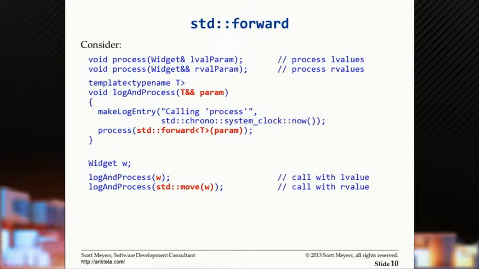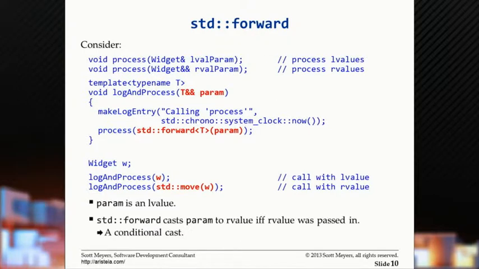That's why it's a conditional cast. It casts it from the L value that param is into an R value if and only if the argument that was passed into the function originally was an R value. So as I said, param is an L value, and therefore forward casts param only if an R value is passed in. It is therefore a conditional cast.